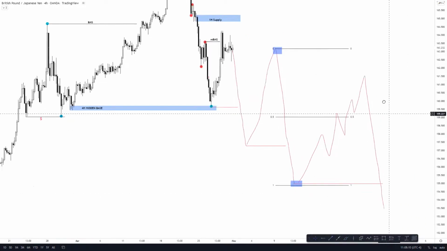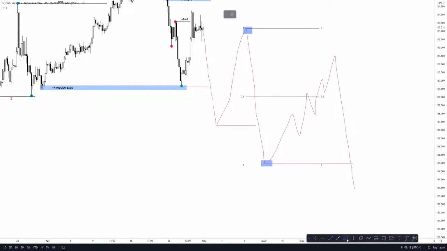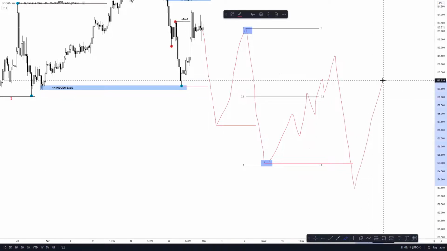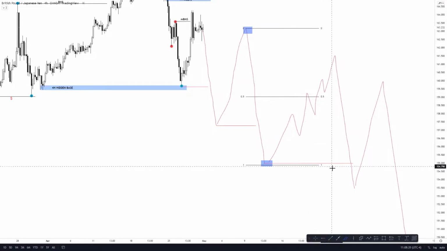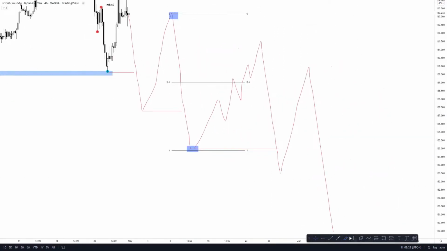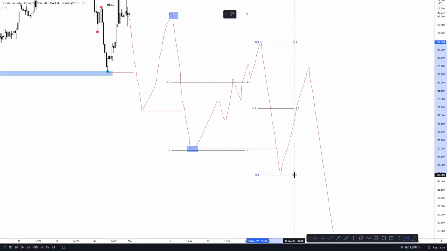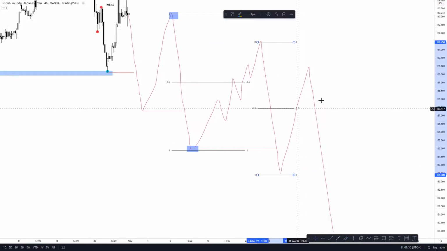Always look for sells around the trading range, from this high to this low. Price reversed just above 50% of the trading range.